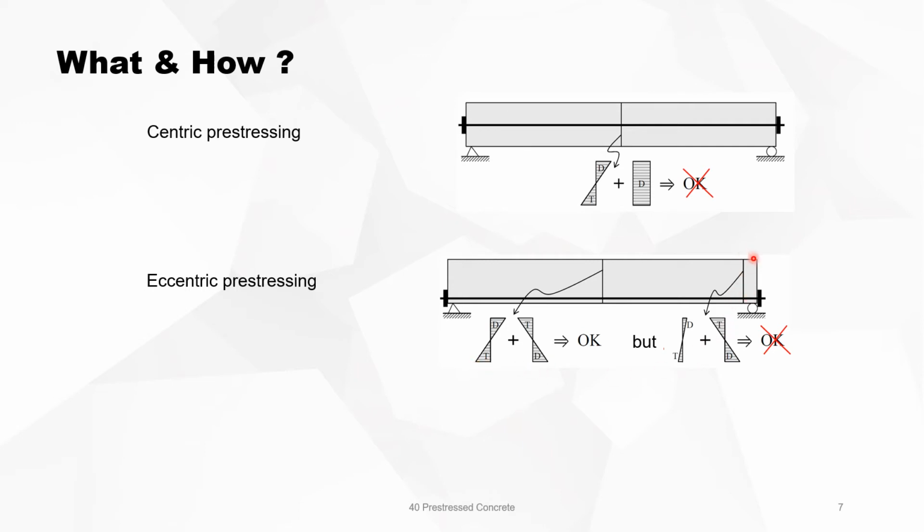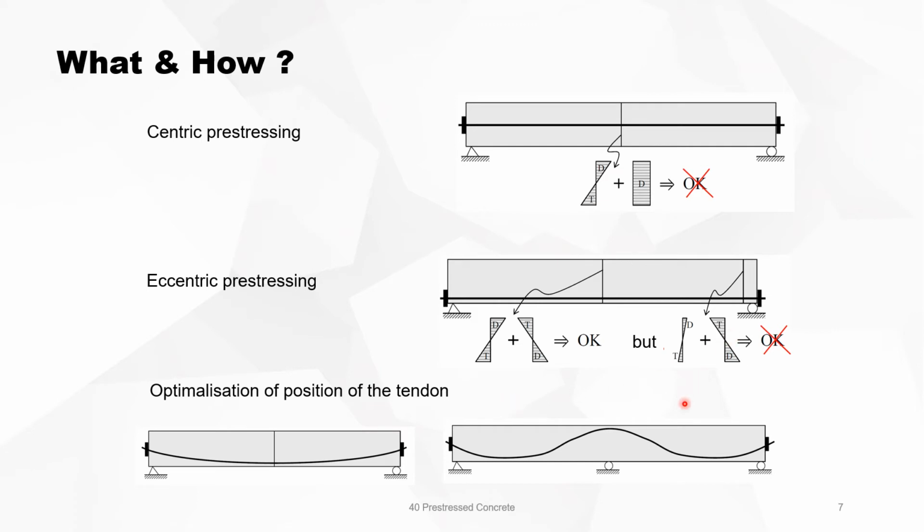But now you will see at the support that you have a very unfavorable situation where there are tension stresses on top because of the pre-stressing present. So what we have to do is change the profile of the tendon in such a way that situations like this are avoided.